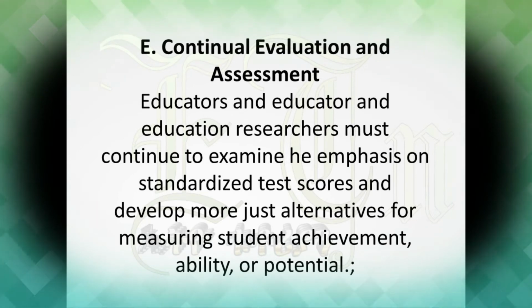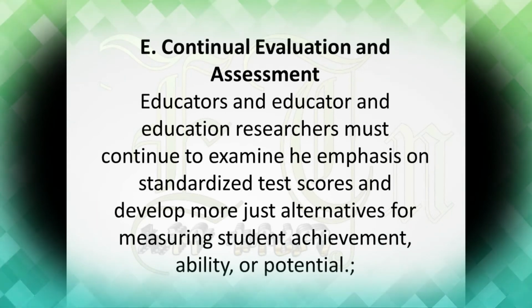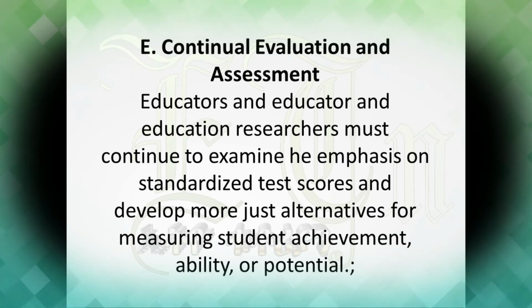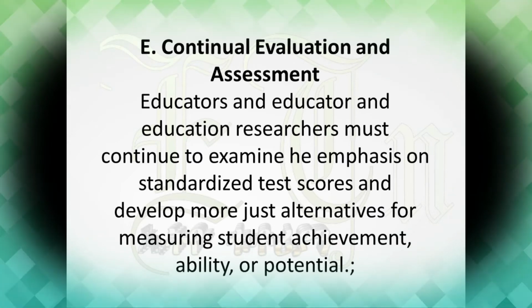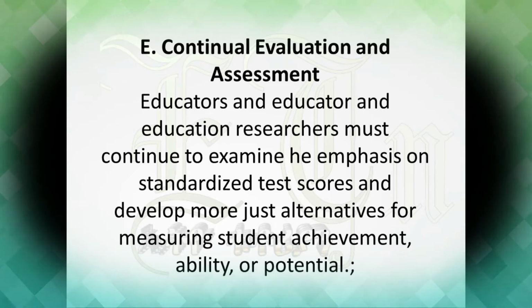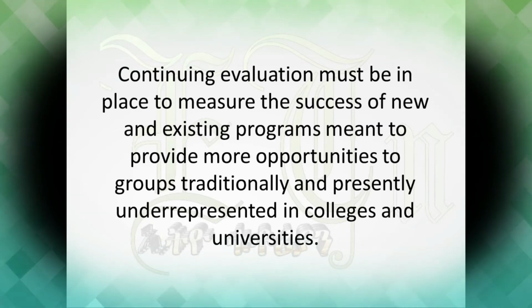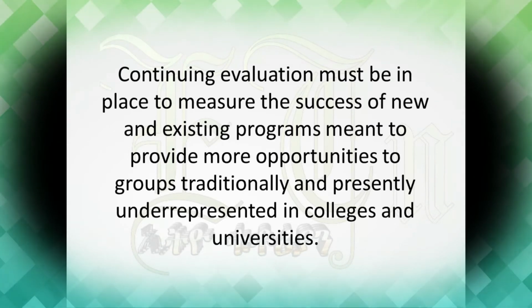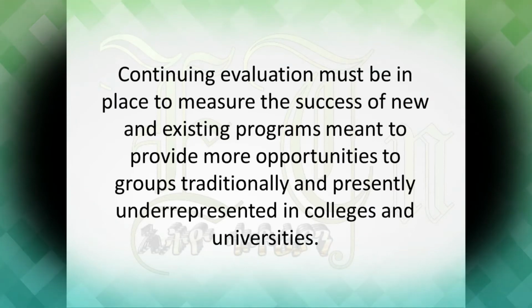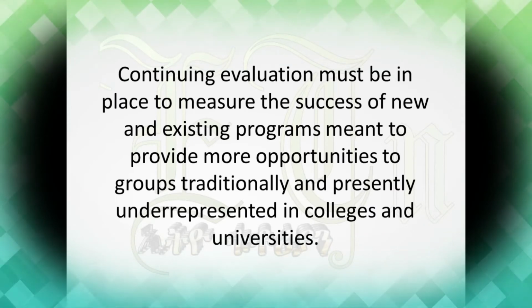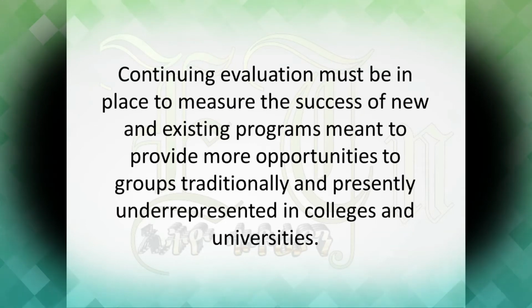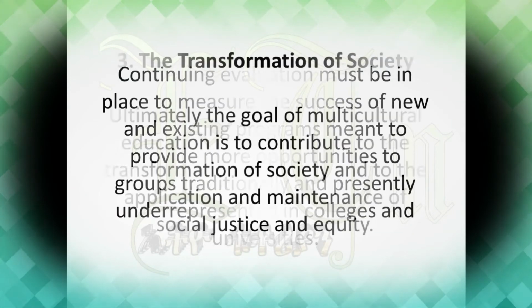Continual evaluation and assessment: educators and education researchers must continue to examine the emphasis on standardized test scores and develop more just alternatives for measuring student achievement, ability, or potential. Continuing evaluation must be in place to measure the success of new and existing programs meant to provide more opportunities to groups traditionally and presently underrepresented in colleges and universities.